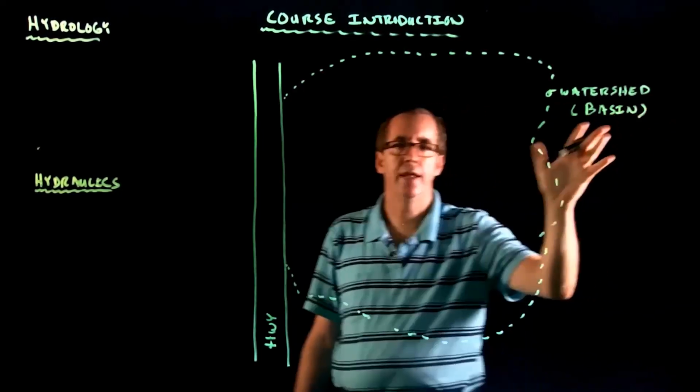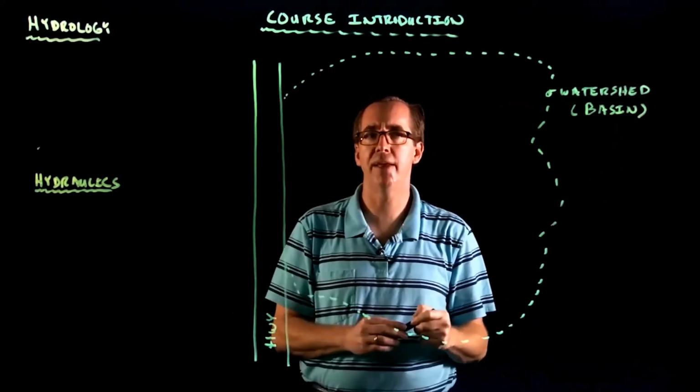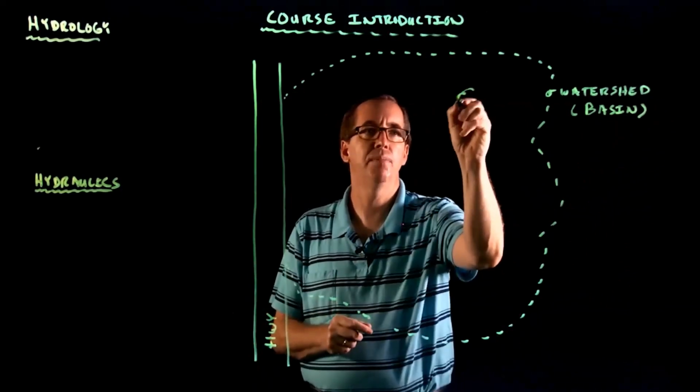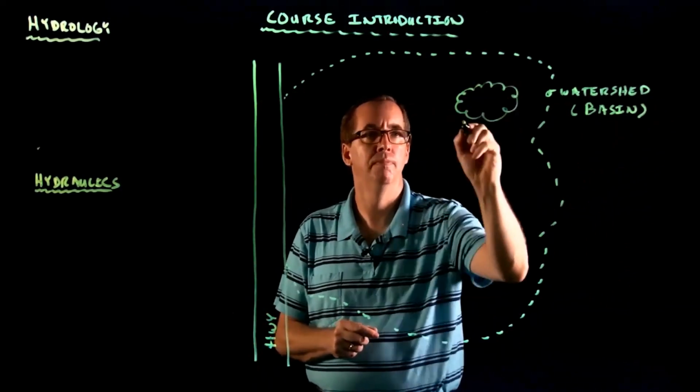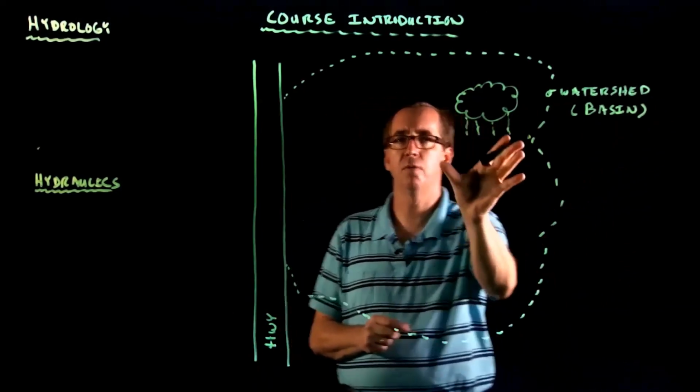Now, the delineation of a watershed is basically set so that any rain event, let's say, for example, we have a storm, kind of like the one this afternoon, so we have a rainstorm.